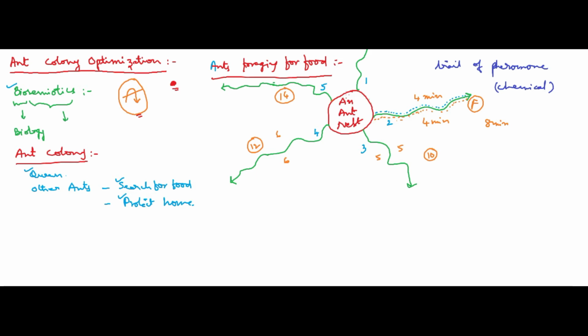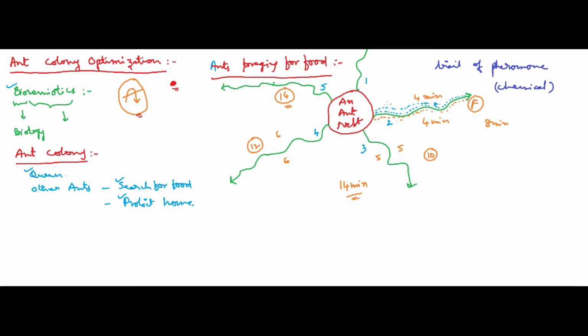In that case, for example, if the maximum time is 14 minutes, and this ant 2 is going to F and coming back to the nest, and again it is going somewhere. So it is 8, it is 14. It is reaching up to this point.